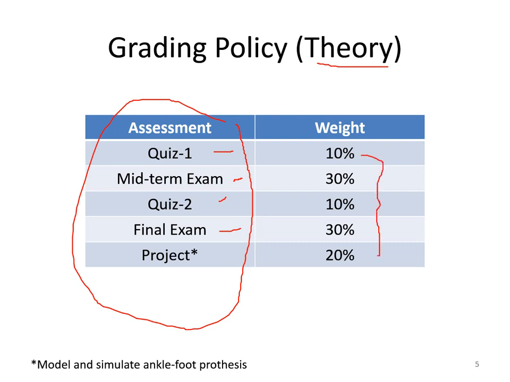But there is also something important that weighs into your assessment, that is the project of this course. And this project will be about modeling and simulating the ankle foot prosthesis. It is closely related to one of our milestone projects in the human-centered robotics lab. So the details of this project will be revealed in the future lectures.